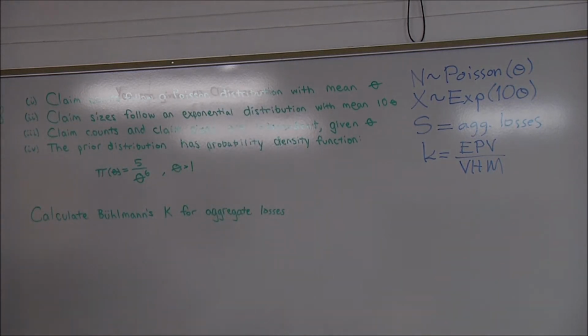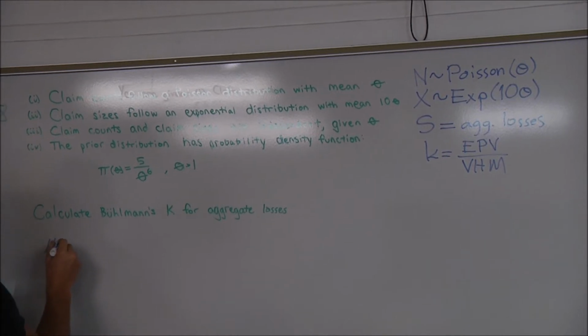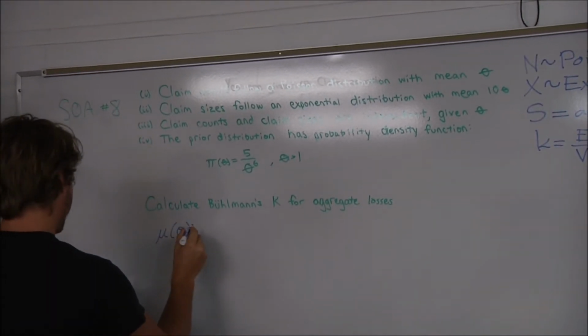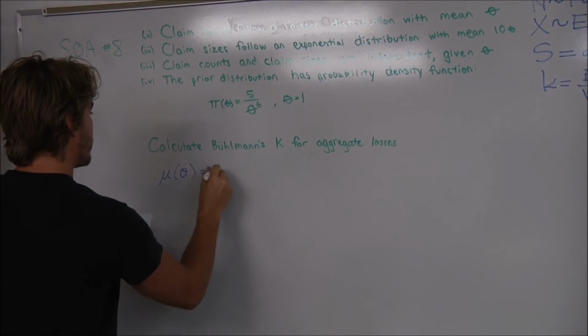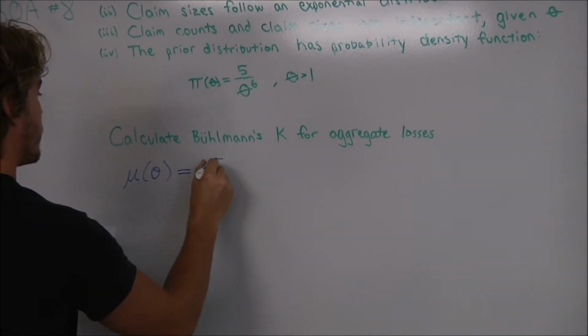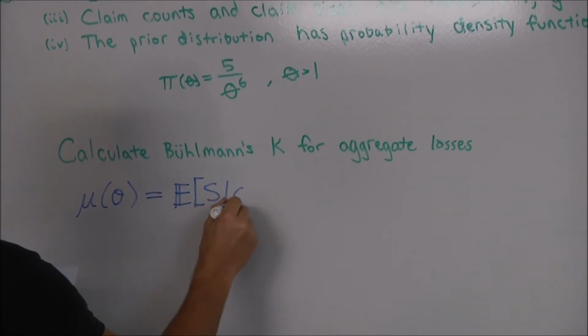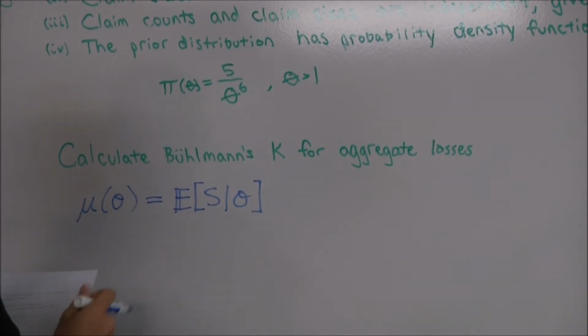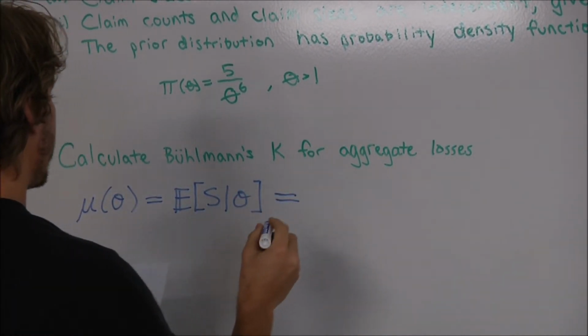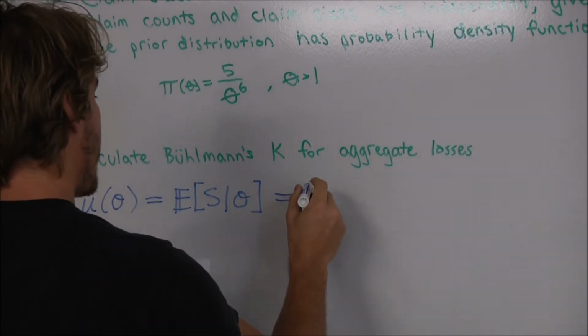So first, what we're going to need to do the problem is we're going to need to find the hypothetical mean and the process variance. So the hypothetical mean will denote mu of theta, and that is equal to the expected value of the aggregate losses given theta. And I think we learned this equation in the J class.